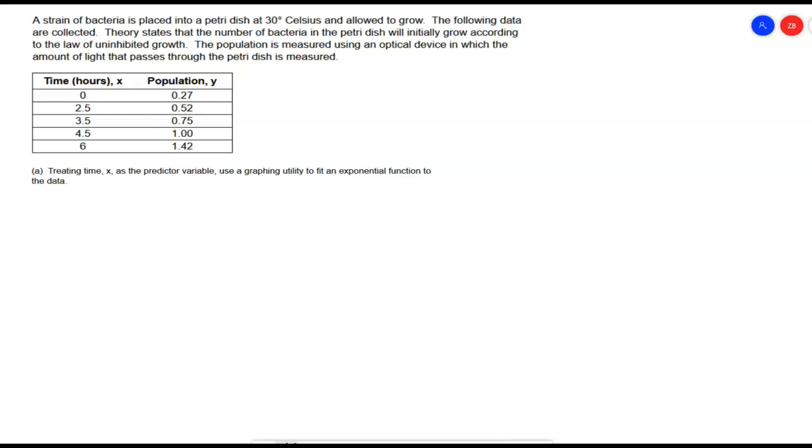It will look like this: 0.2693 times B, which was 1.3263, 1.3263 raised to the X. So this would be my exponential function that best fits this data right here.